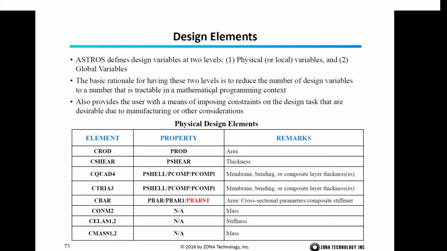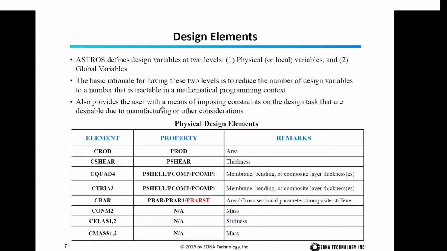If you have too many design variables in gradient-based optimization, the sensitivity of the objective function or constraint function becomes less accurate because you have too many design variables. So we have to reduce the number of design variables as much as we can.